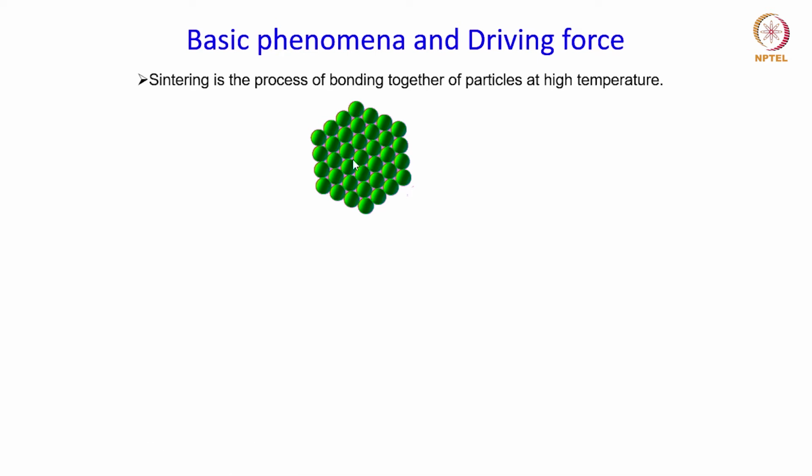If you remember, we discussed the fractional porosity as it occurs in the green compact and its correlation with the compaction pressure and so on. So these are the pores which are to be closed for the compact to fully densify. Okay. So now, as I said, when you heat it to high temperature, two things can happen. One, it will densify.